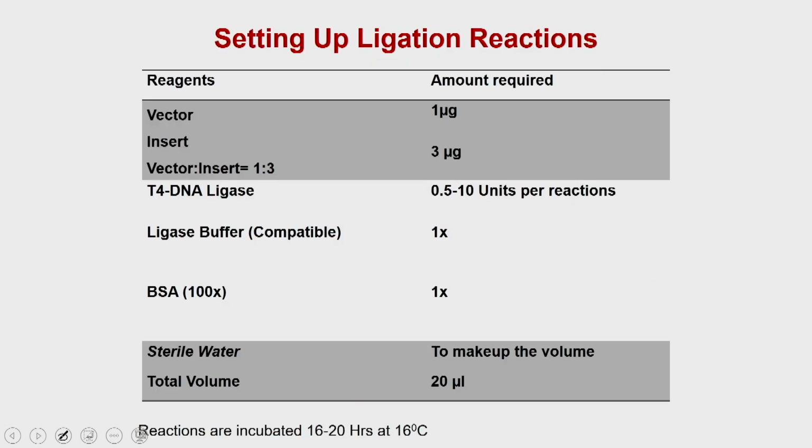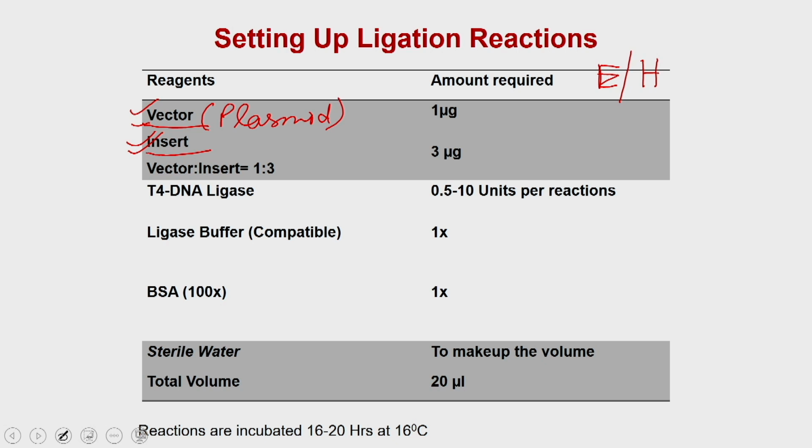For the ligation reactions, you are going to have two different types of DNA. One is called the vector DNA, which could be the plasmid DNA you have already digested. Both the vector as well as the insert are digested with a certain set of restriction enzymes. For example, you might have digested the vector and the insert with EcoR1 and HinD3.